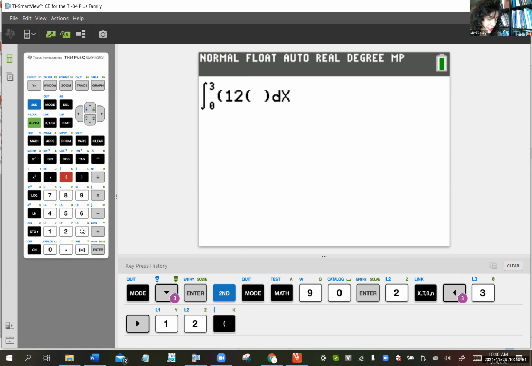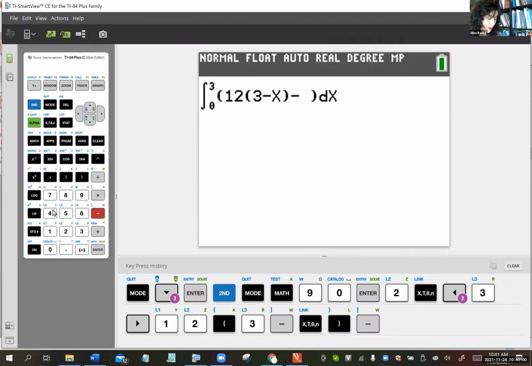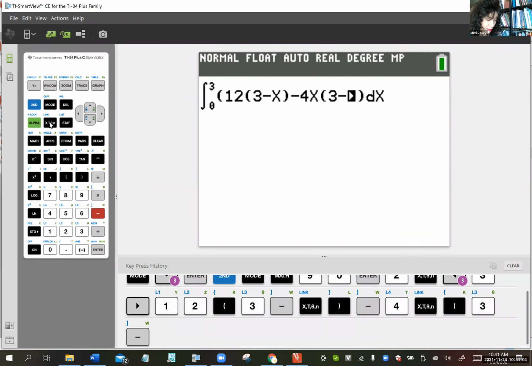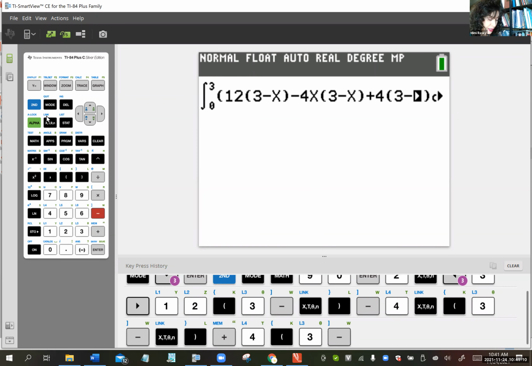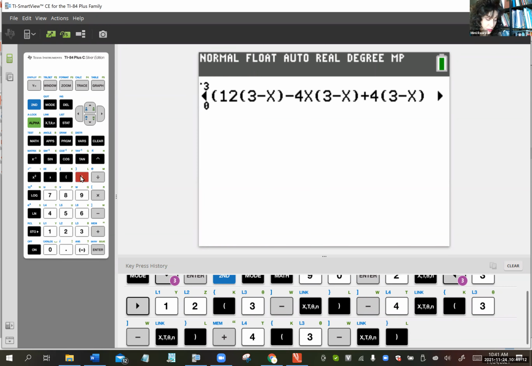12 parentheses 3 minus x. Again, this is where you need to get somebody to do this for you. Minus 4x parentheses 3 minus x. If I make a mistake, make sure you say something. Plus 4 parentheses 3 minus x squared.